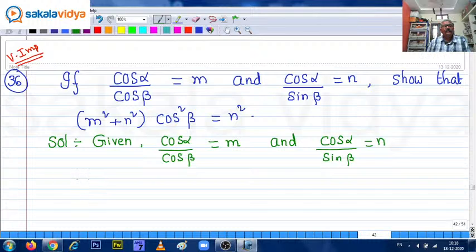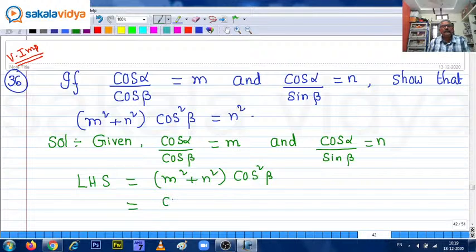Now the left hand side, that is m square plus n square of cos square beta. So m square, m means cos alpha by cos beta, so you get cos square alpha by cos square beta, plus n square, cos square alpha by sin square beta, multiplied by cos square beta.